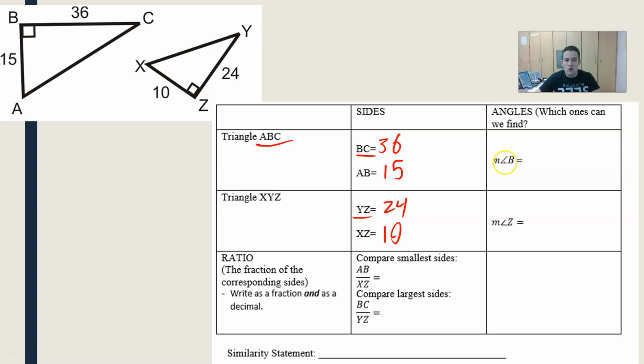That's all I know about the sides. What do I know about the angles? The measure of angle B is a right angle, a 90-degree angle. And the measure of angle Z is also a 90-degree angle.